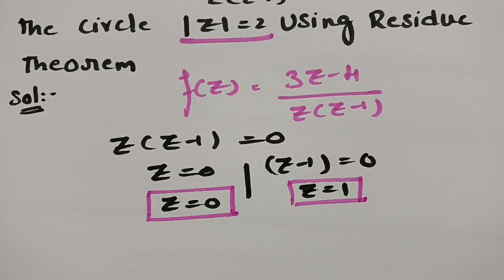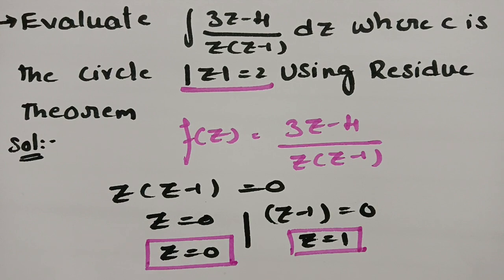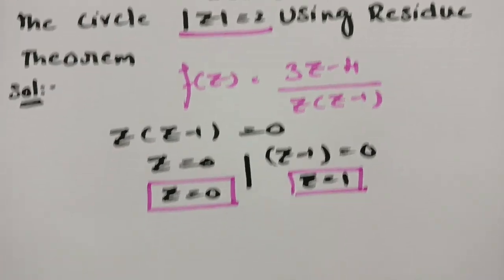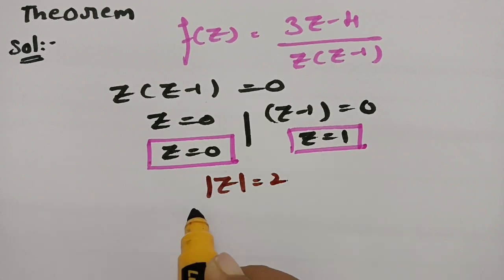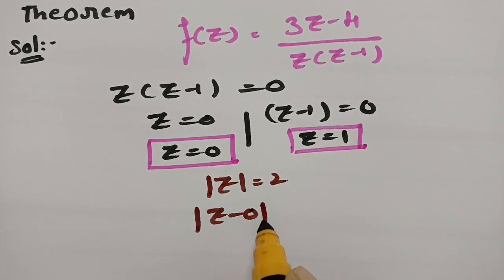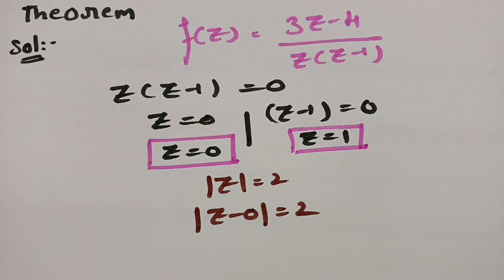And next, see here, what is the contour given? Here it is a circle, |z| = 2. We can write this as |z − 0| = 2. Clearly, this is also very simple.